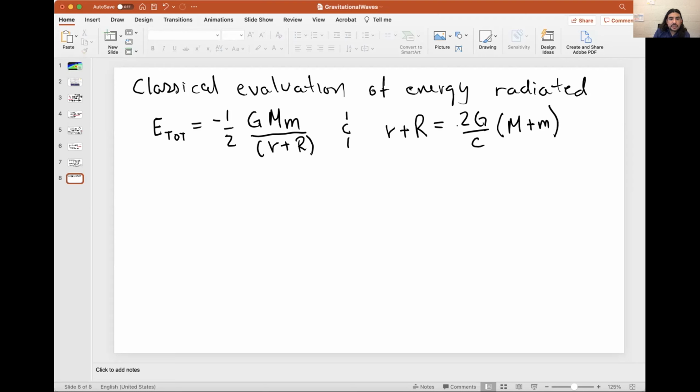And using this second equation on the first one, plugging things in and so forth, I get 1/4 big M, little m, over big M plus little m, times c squared. Questions?